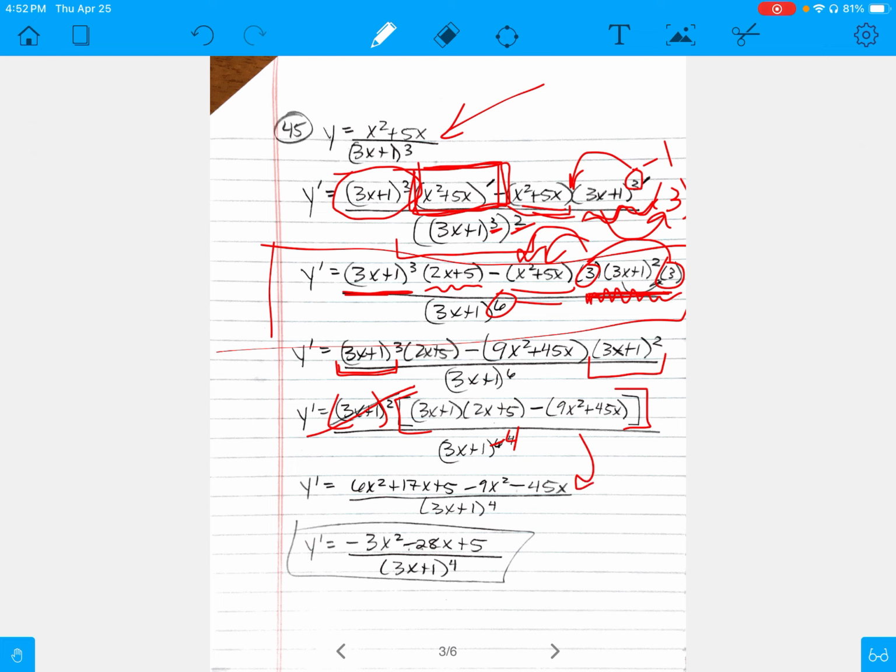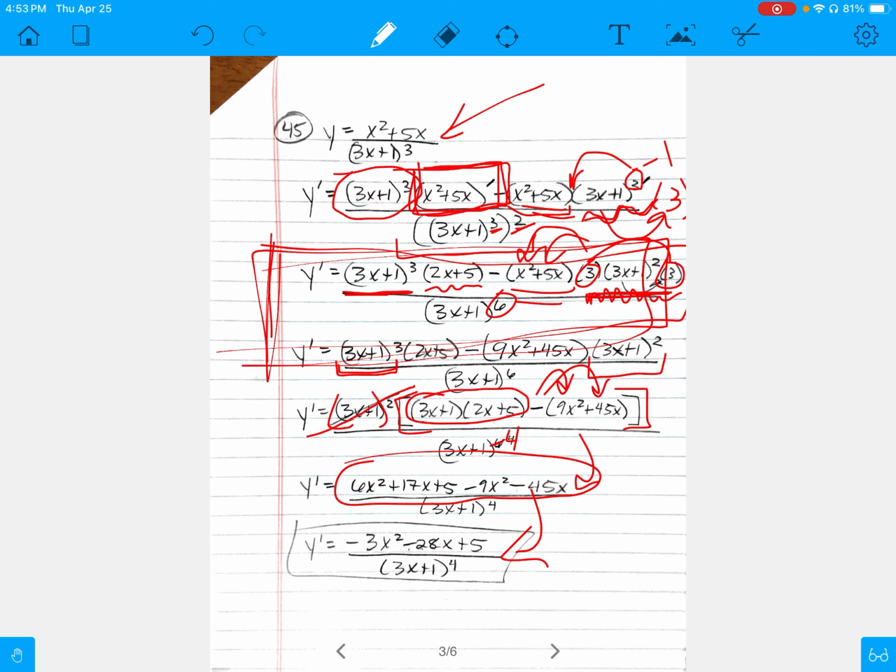Then to get to this next step down, I FOILed those two things together and distributed the negative sign. That's what gives us that numerator. And then I just combined like terms here, and that's what gave us that final version. But again, technically, at this point, we found the derivative.